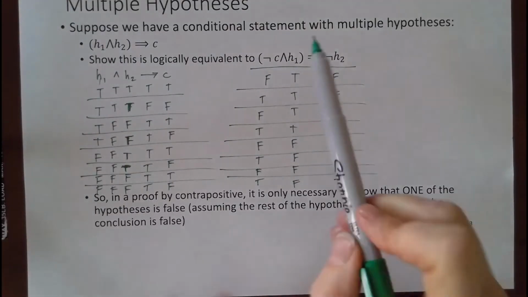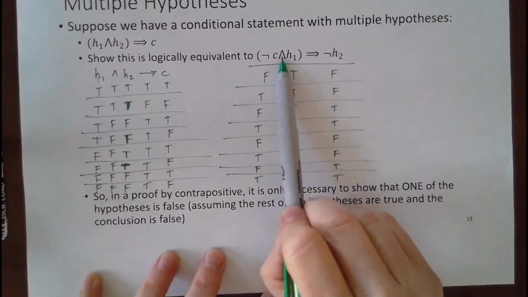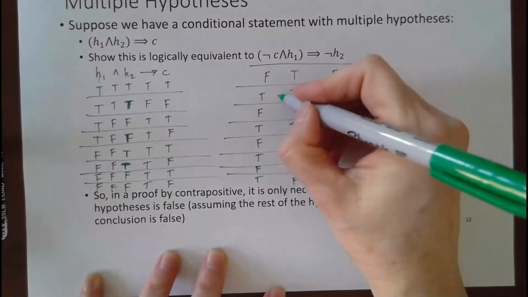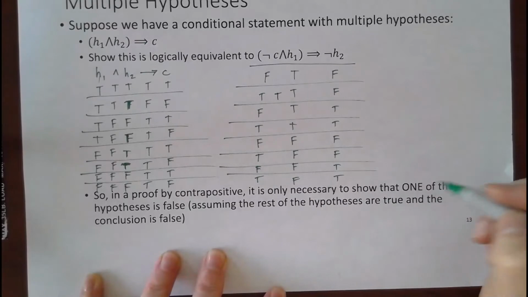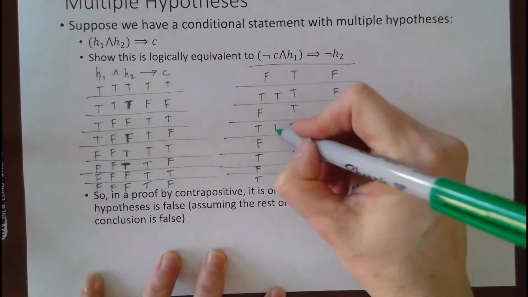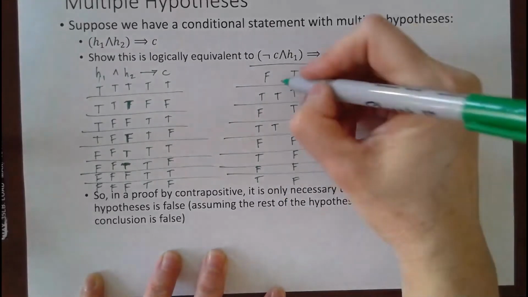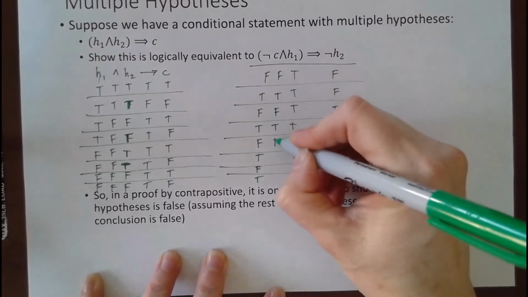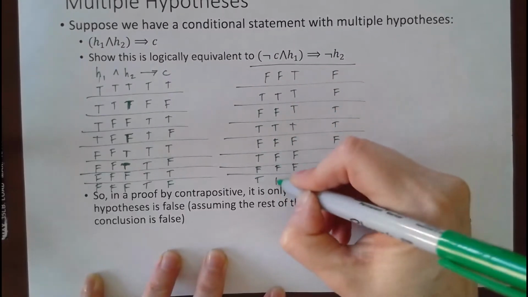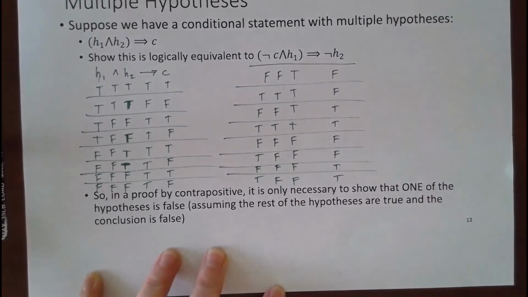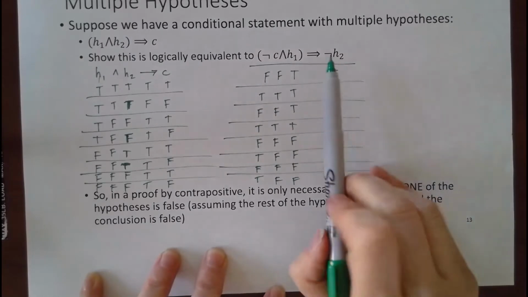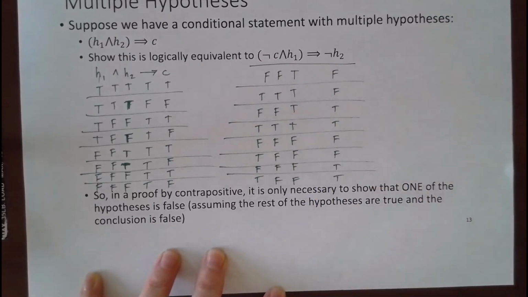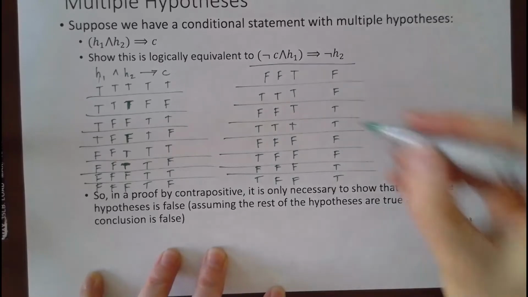All right, same thing over here with a conjunction. We just look for both trues there. There should be one other spot there. Everything else should be false. Okay. And then for our implication, anytime we have a false hypothesis, we know the implication is true.